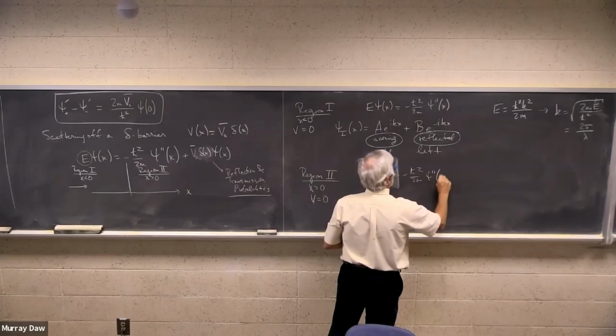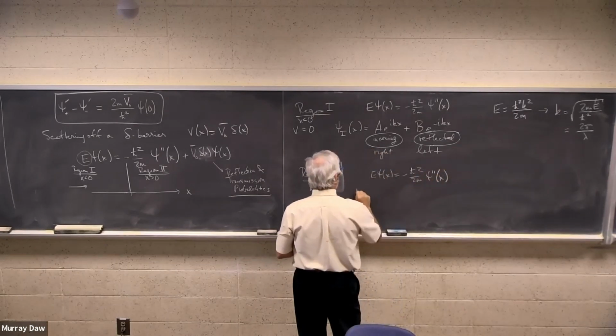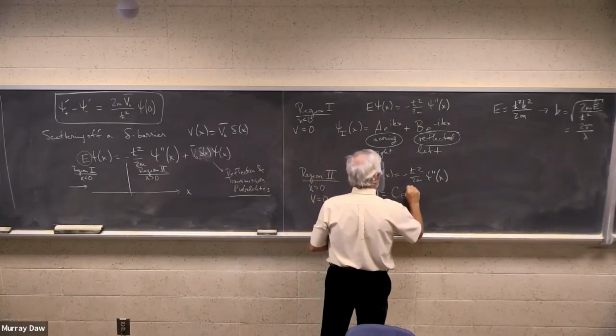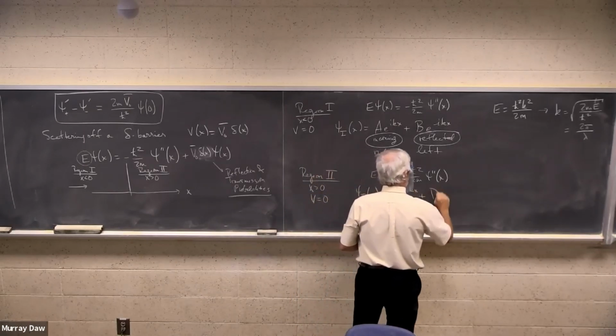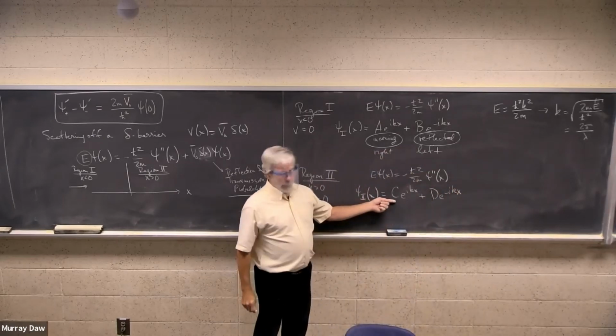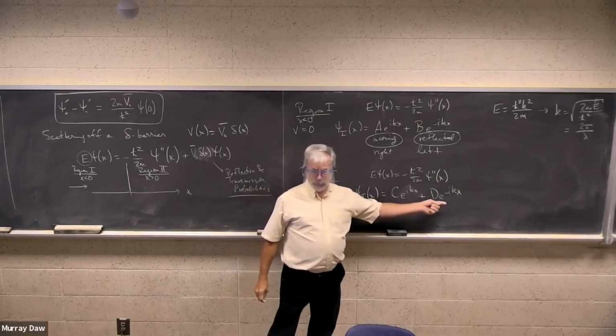And in general, there are two solutions again. K still has that same relationship. The wave number, there are two pieces possible. This is a right traveling piece. This is a left traveling piece.